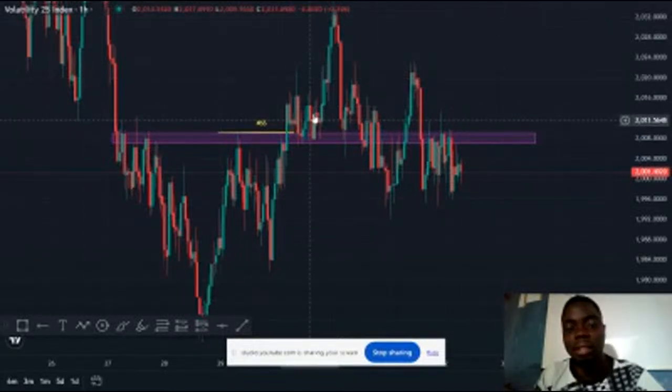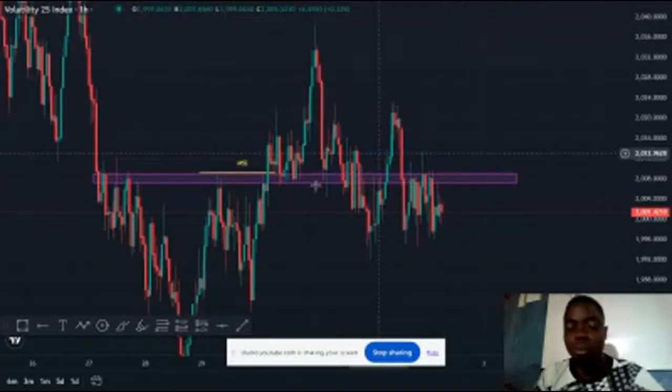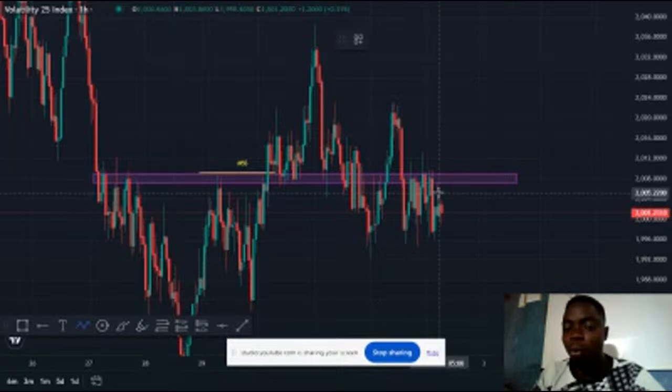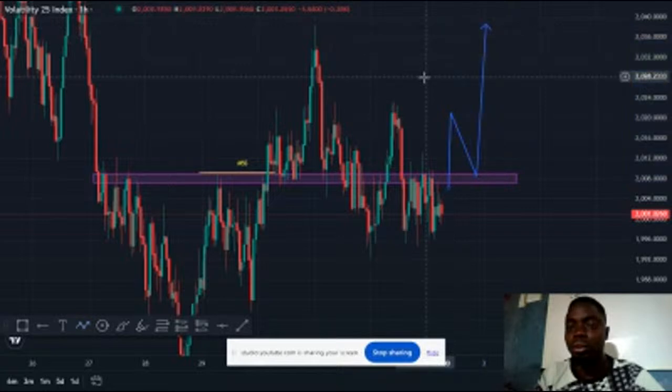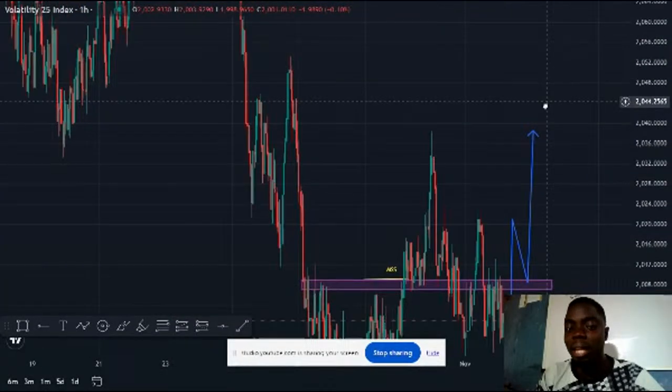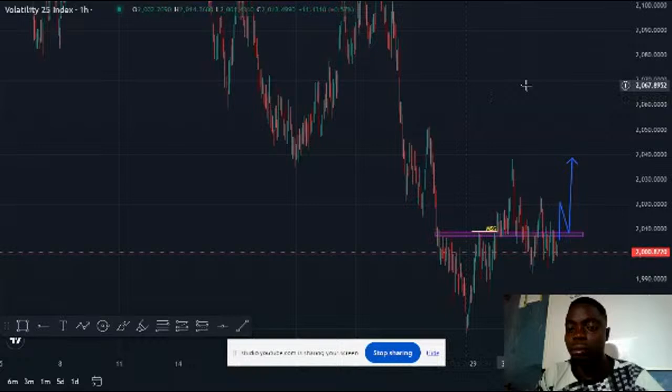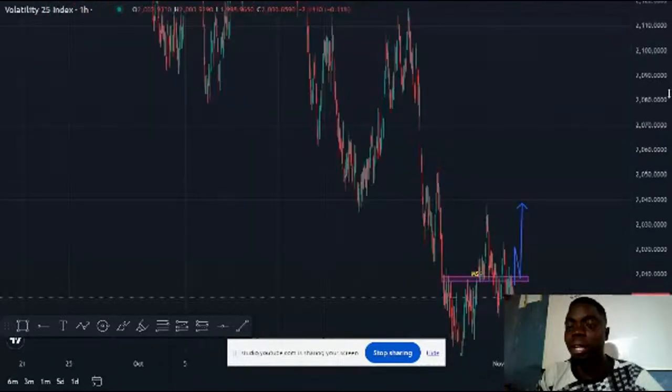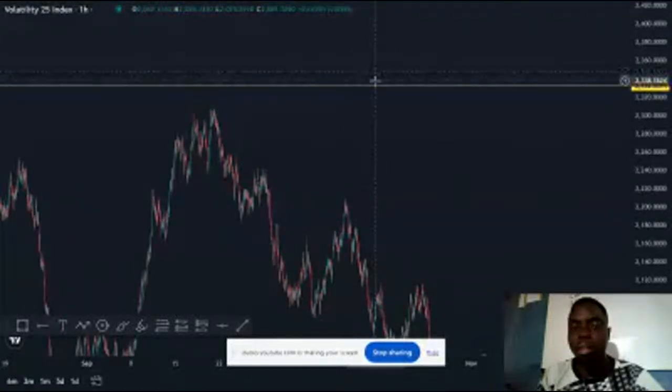Support, resistance, and resistance here. So for me to buy, I'll wait for price to break, retest, and then I'm buying, to a level of premium.